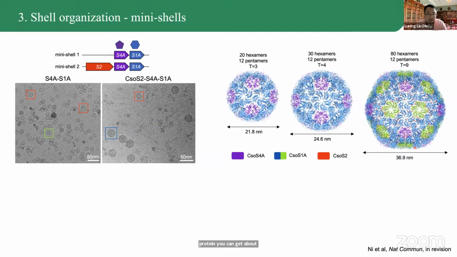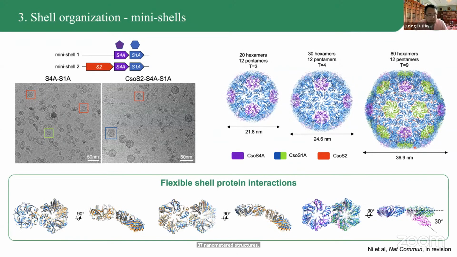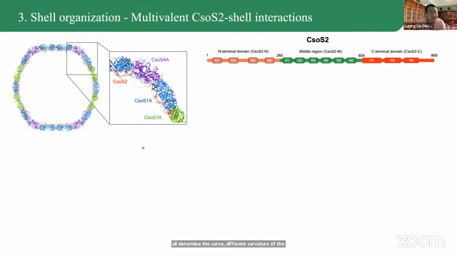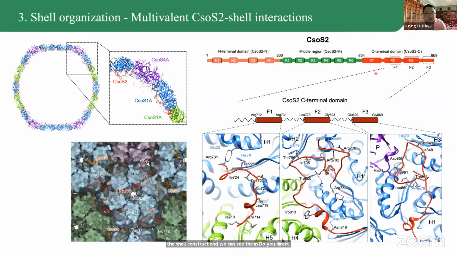Using cryo-electron microscopy, we can get high resolution and study the variations of the shell protein interactions, for example, hexamer and pentamer interactions, and hexamer-hexamer interactions, and also the flexibility of the interface between the shell proteins, which determines the different curvature of the shell structures at different sizes. And very interestingly, when we integrate CsoS2 into the shell construct, we can see the direct interaction of CsoS2 with the inner surfaces of the shell proteins.